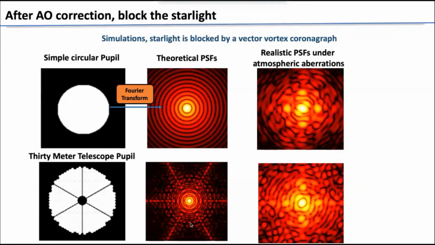That explains why we can't block the starlight entirely, and why we don't really see exoplanets: it's so hard to see anything lying underneath even those rings and this diffraction pattern, because these are still brighter than the faint signal of your planet.